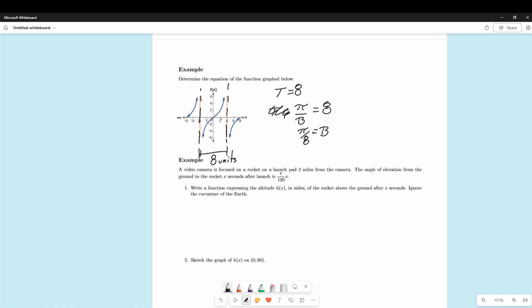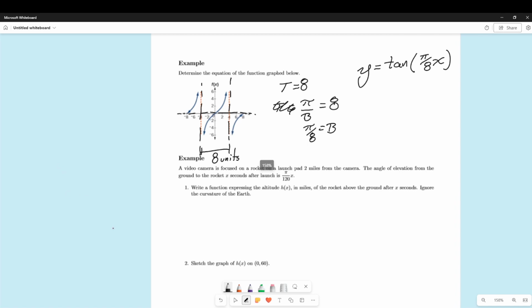We're not really worried about amplitude, so we're going to assume our amplitude is 1 unless somebody tells us we have to care about our amplitude, which I'm not. So y equals tangent of pi over 8 x, because there's not even a phase shift. So that's it.